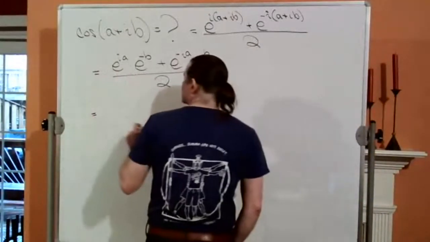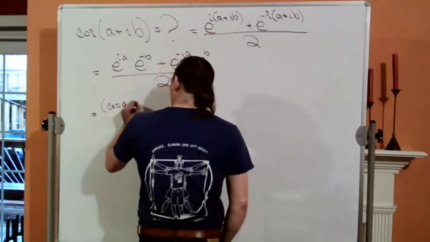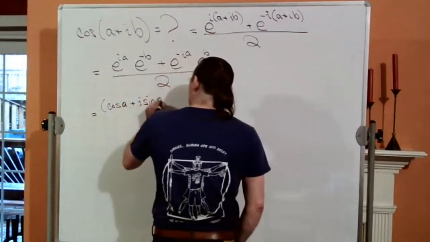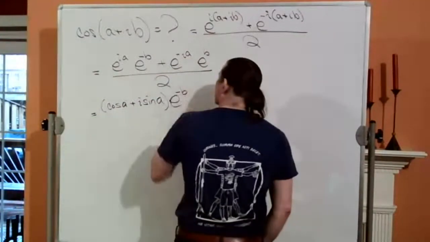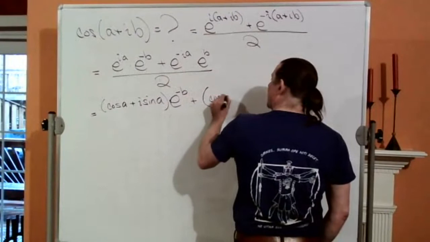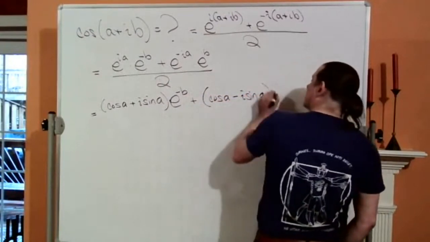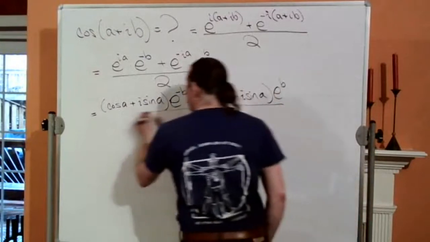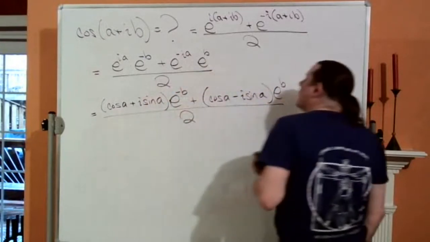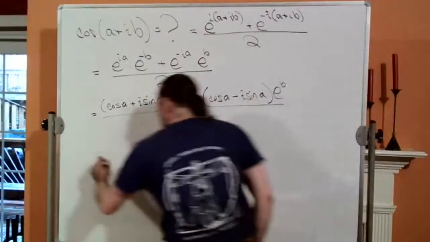So if I were to expand e to the ia as cosine a plus i sine a, and e to the minus ia as cosine a minus i sine a, we see that the cosine terms come together.